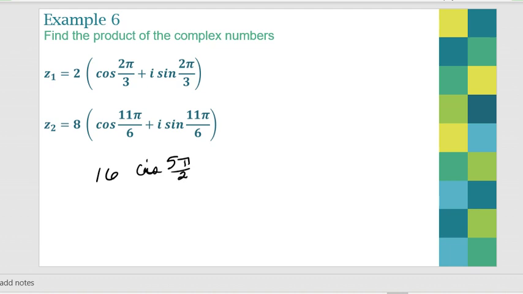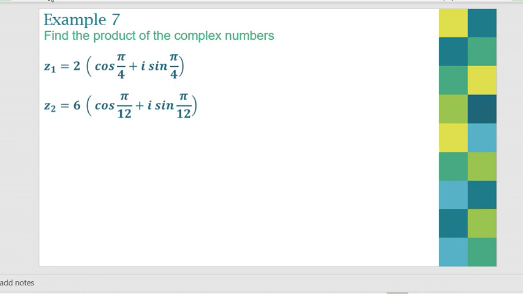Now this does not fit because it's 2.5 pi, so that's the same thing as pi over 2. I've got to subtract 2 pi here, all right, because it's too big. So I got 16 cis of pi over 2. Final answer.